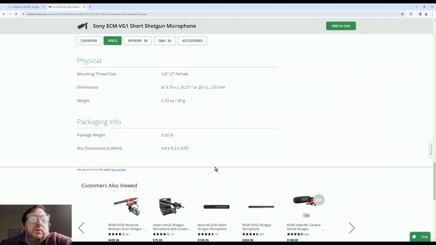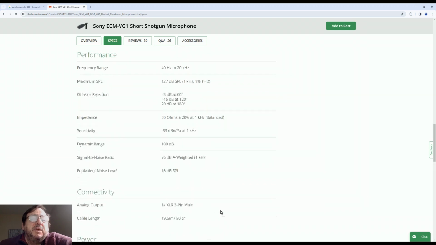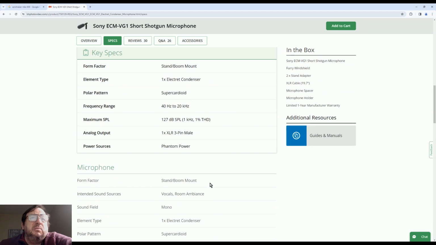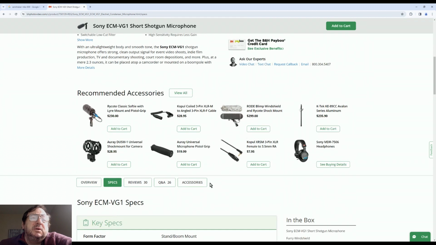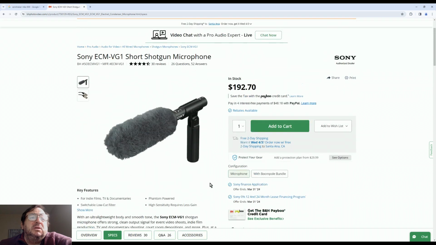Basically, you need to look for connection. If your camera most likely has 3.5, so if you choose a good microphone, it should have 3.5, or like that one, XLR plus 3.5. Sometimes XLR plus USB. It depends on what you need it for.